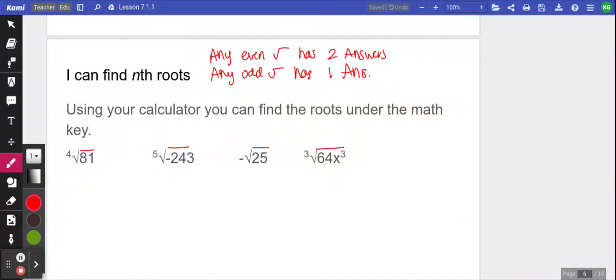For any even roots, we can only root a positive. And for any odds, we can root both negatives and positives.